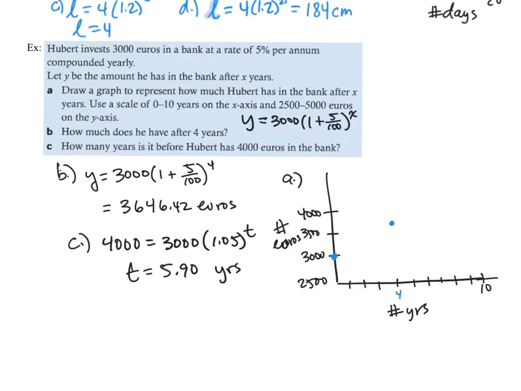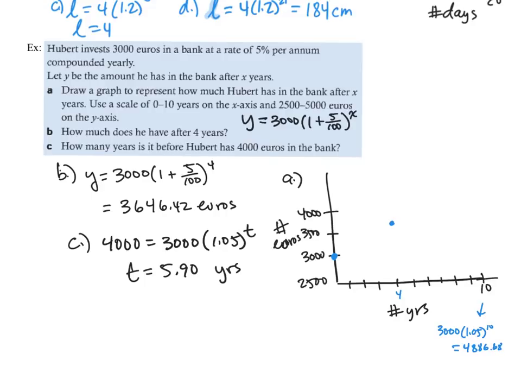Okay, and then we could plot one more. If we wanted to figure out how much money he would have after 10 years, that would be 3,000 times 1.05 to the 10th, which turns out to be approximately 4,886.68 euros.